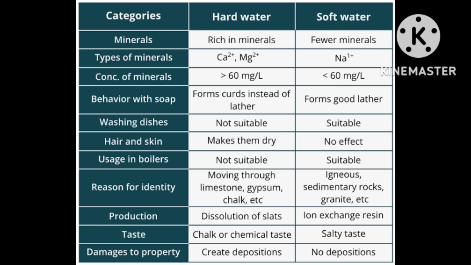Then OH minus is exchanged for anions like chloride, bicarbonate, sulfate, etc. present in water. The OH ions thus liberated neutralize the H ions, which were released during the cation removal, meaning calcium and magnesium removal.